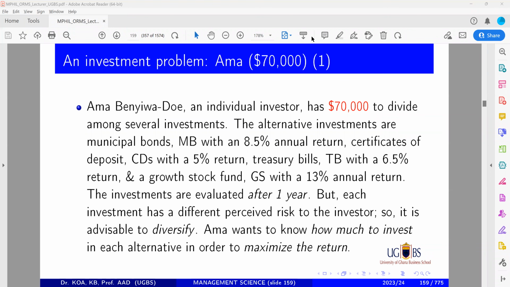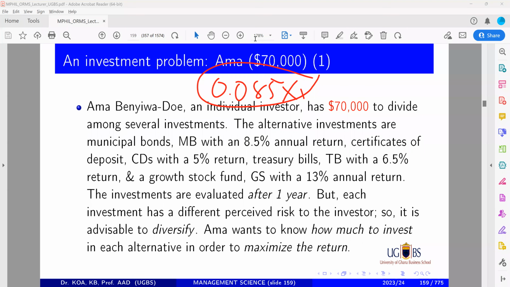So first of all, what is the difference between the 0.085 and the x1? He said that 0.085 x1 is the return for municipal bonds. So what is the difference between the 0.085 and the x1?